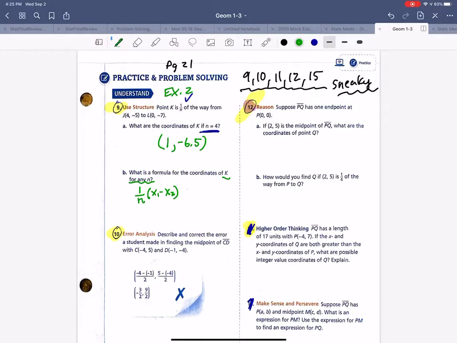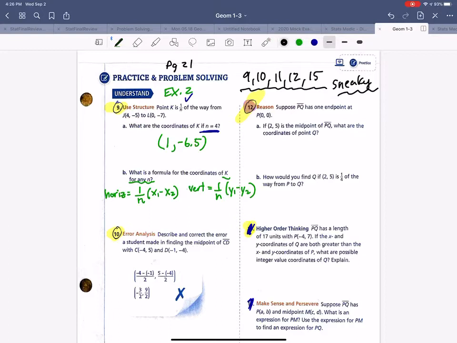That's my horizontal. That's what we talked about today. And my vertical would be 1 over n times how much I changed in the y. But I'm not done unless I'm starting from the origin. Notice in our notes, we always had to add back in the starting coordinate.